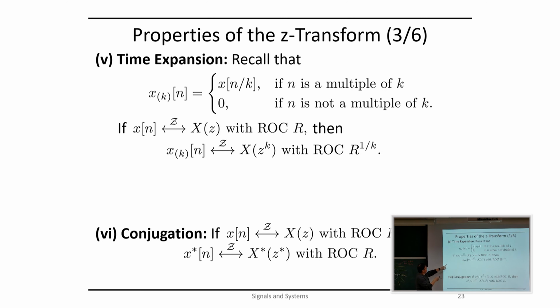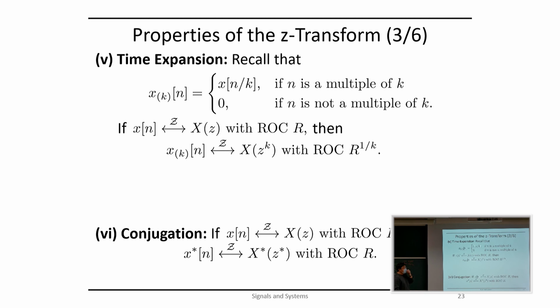So this is time expansion. If you recall, in discrete time we cannot compress and expand the signal arbitrarily, because in discrete time the indices must be integers. So the only related procedure that we can do is this time expansion.